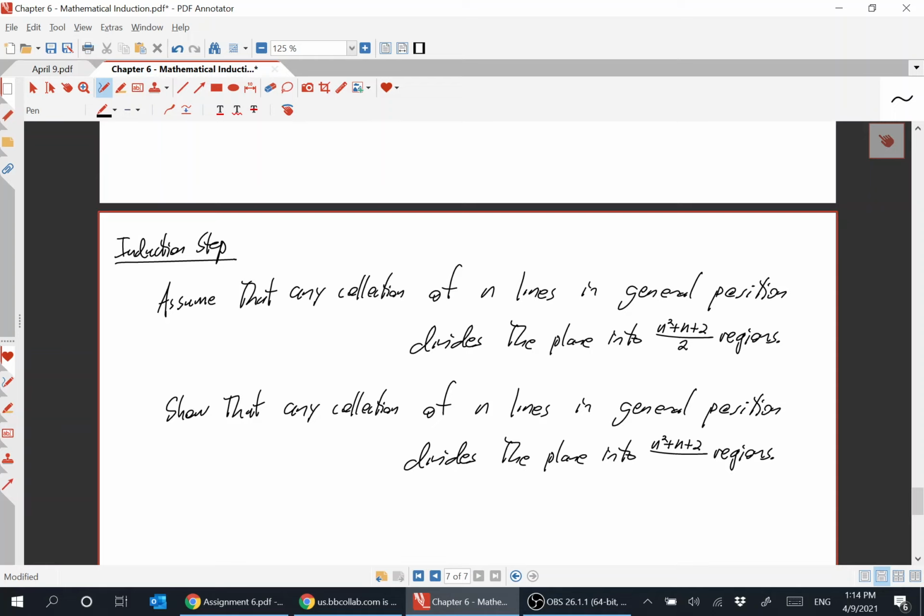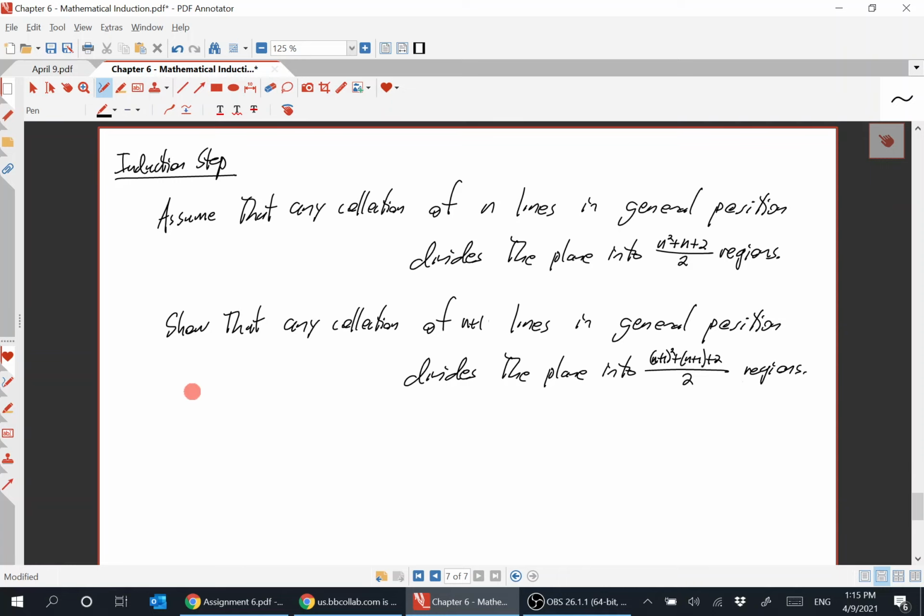You take Pn and you replace n with n plus 1. So any collection of n plus 1 lines divides the plane into what? n plus 1 squared plus n plus 1 plus 2, over 2 regions.